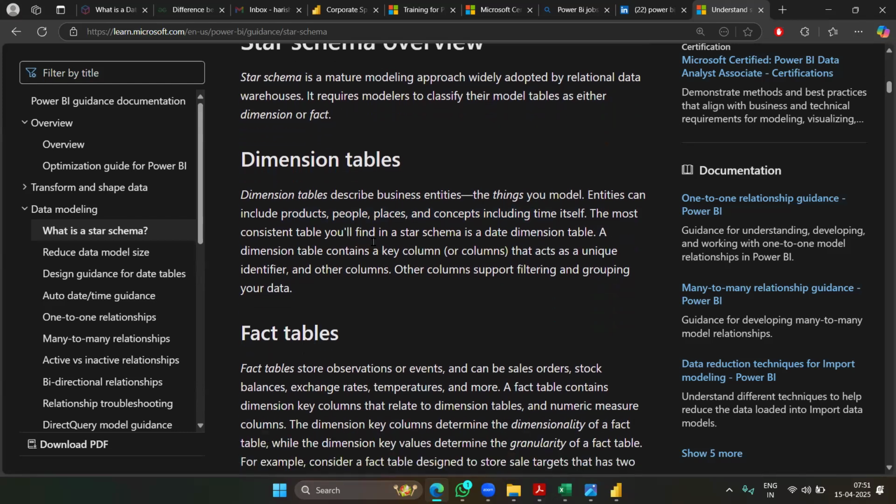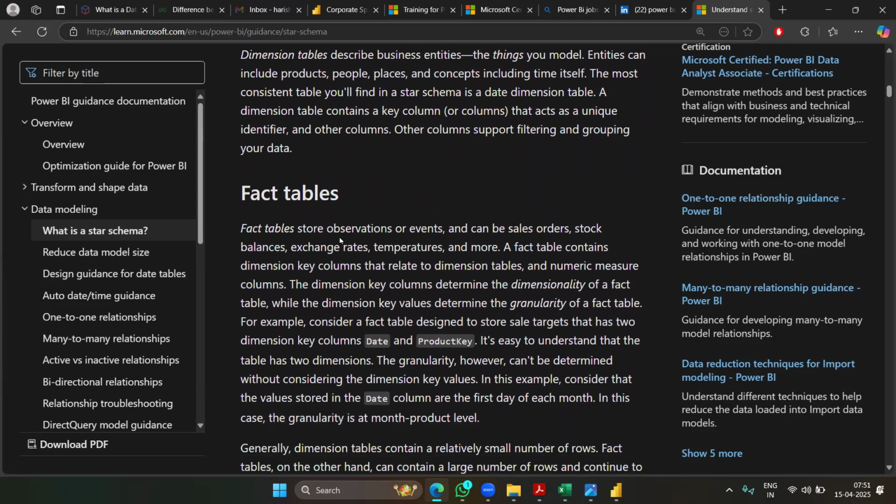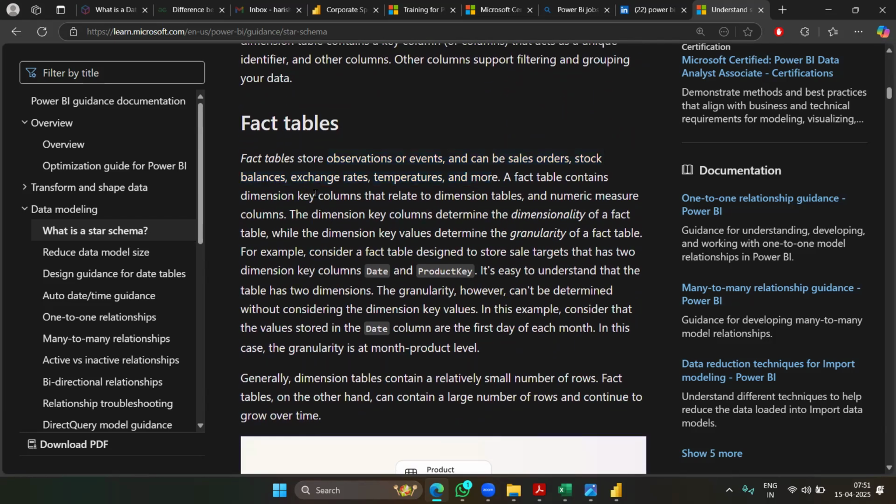The most consistent table you will find in a star schema is a date dimension table. A fact table stores observations or events, and these can be sales, orders, stock balances, and more. A fact table contains dimension key columns that relate to dimension tables and numeric measure columns.